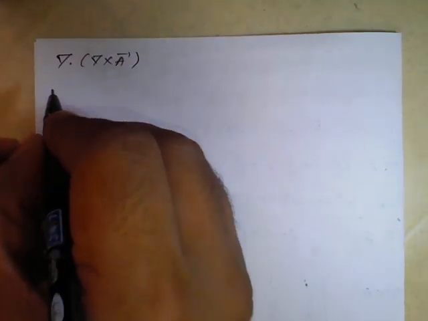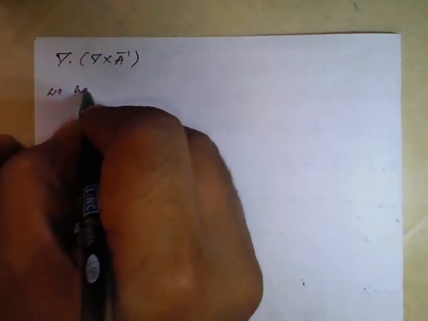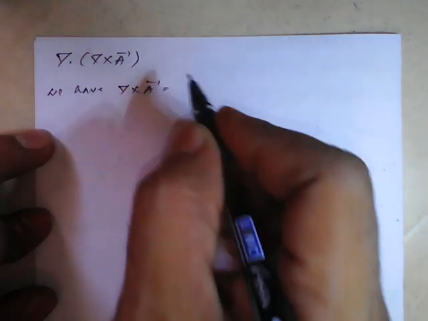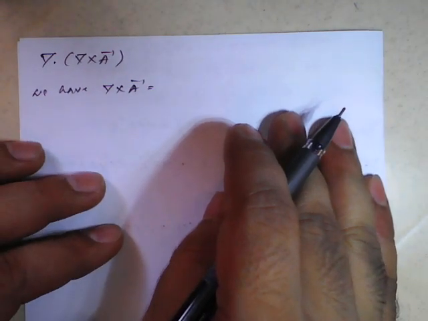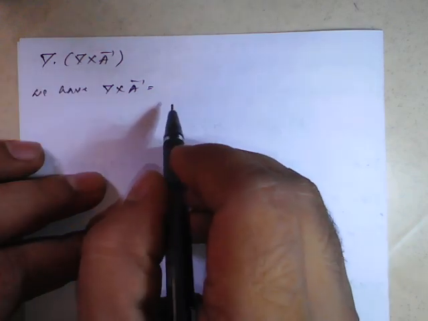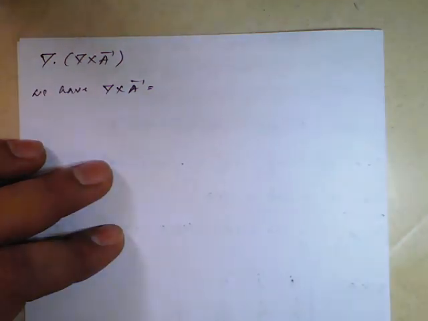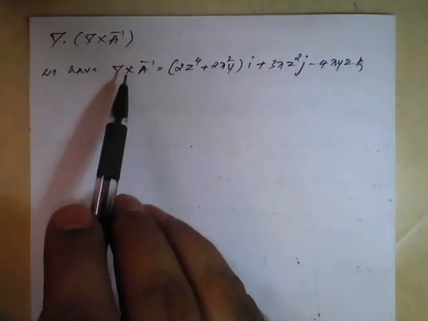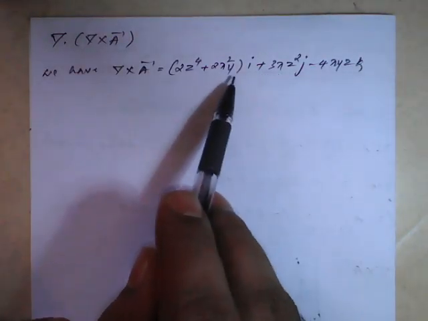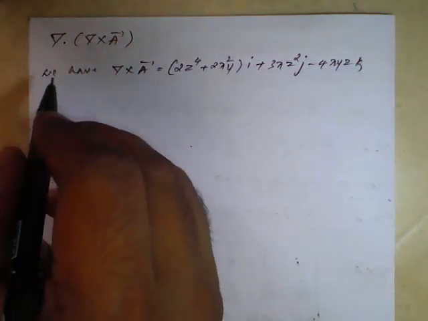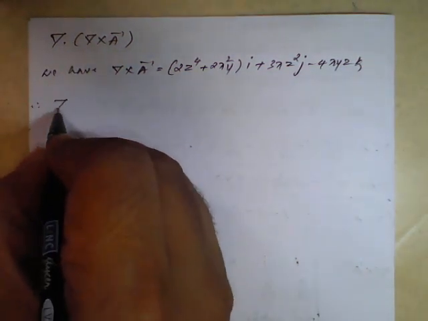We have already calculated the del cross vector A result. This we already got from the previous result, so we'll take it directly. Now we'll apply.